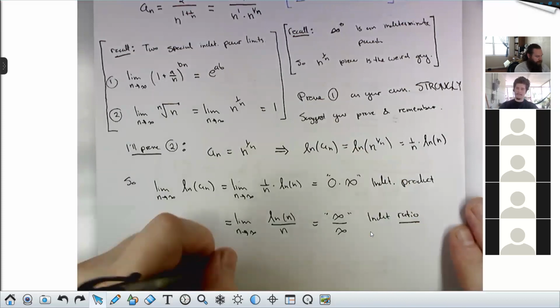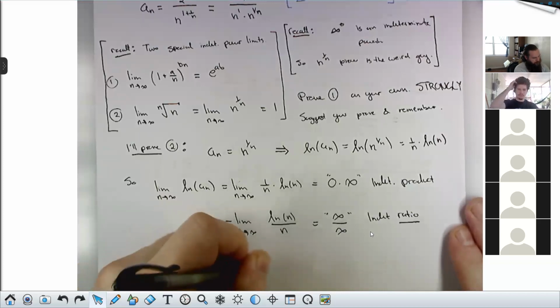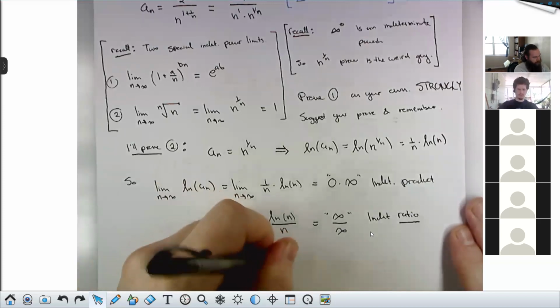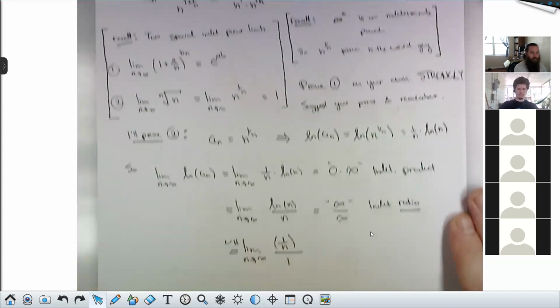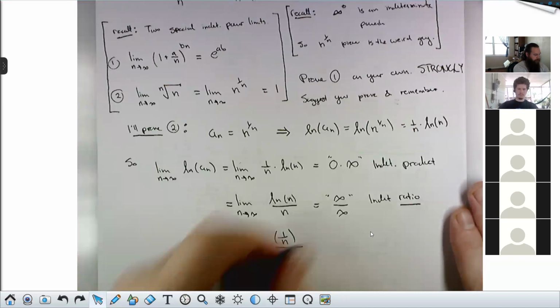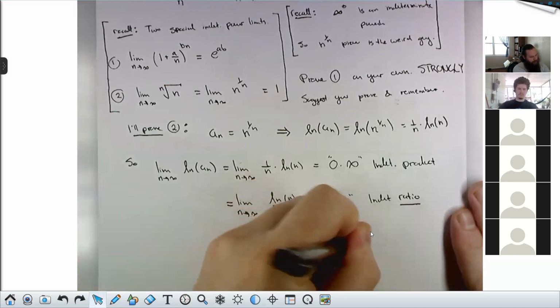And in so doing, we get the limit as n goes to infinity of 1 over n, the derivative of natural log n, divided by 1, the derivative of n. And this goes to 0 over 1, which is just 0.